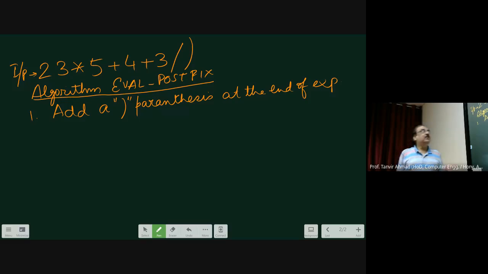For that you use something which does not appear in the expression. You can put a bracket, a hash, a comma, a semicolon, anything which will not appear. I already told you that in a postfix the bracket will not be there, therefore I am just adding this. In practice, when you convert this algorithm into a program, it will be a \0, because you will always terminate with a \0.